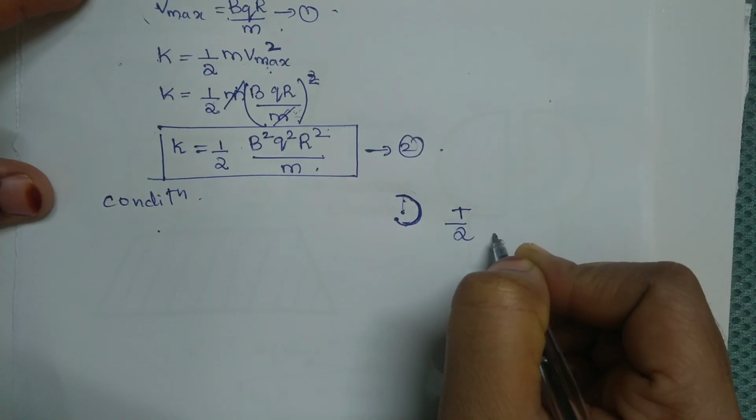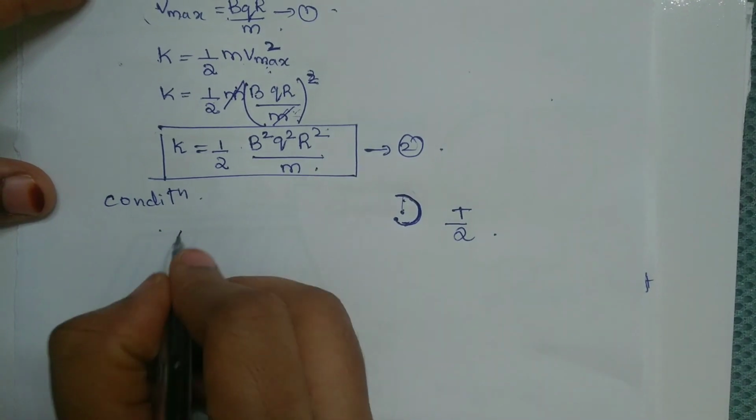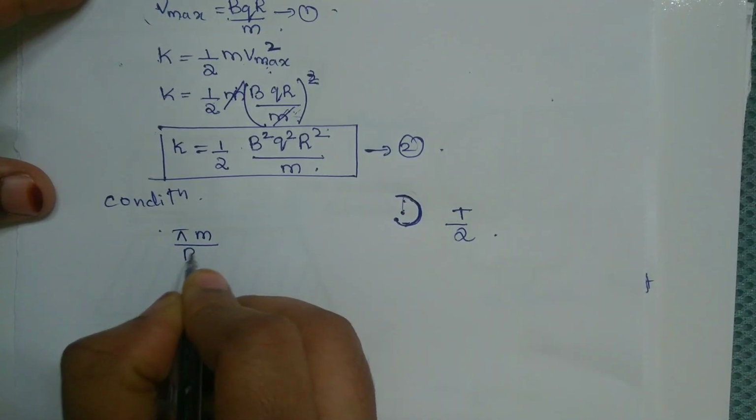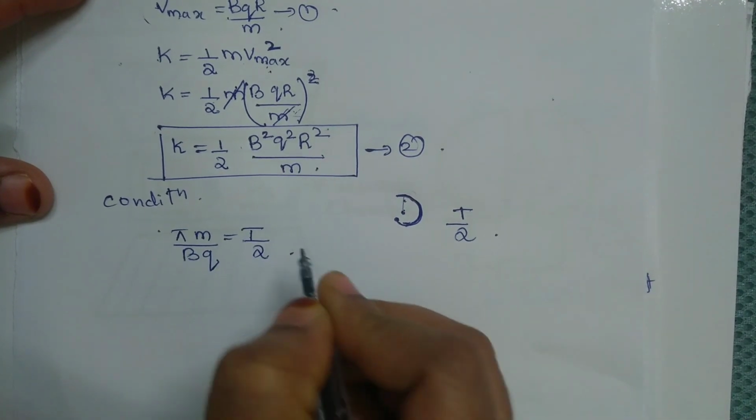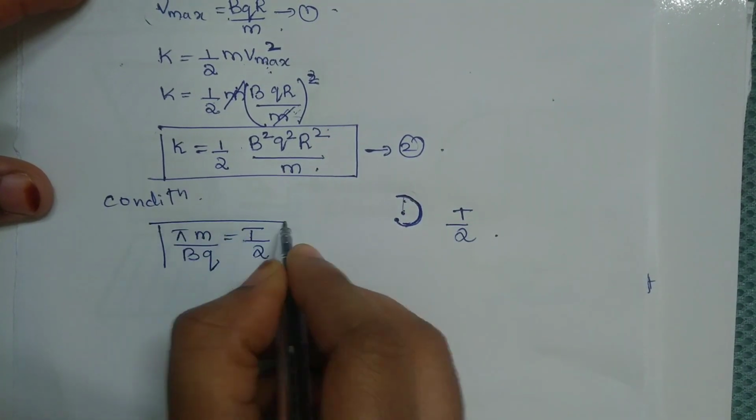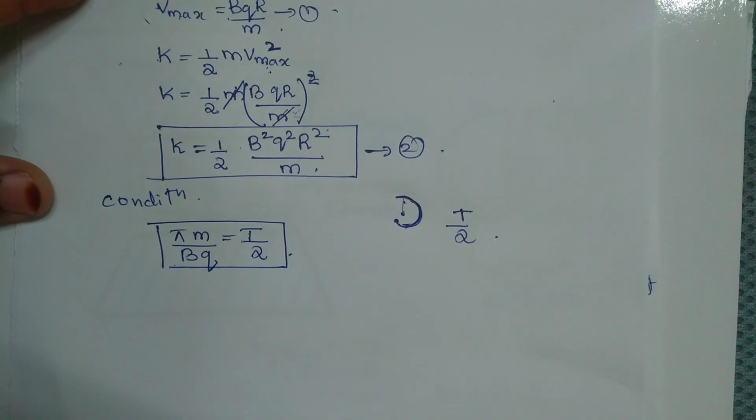So pi m by bq equals T by 2. Hope you have understood this equation. So from where do we get this equation?